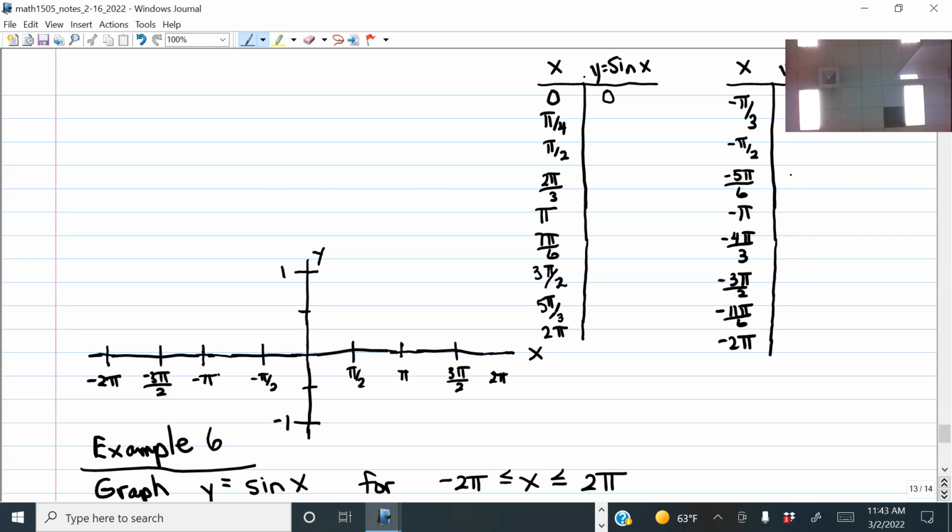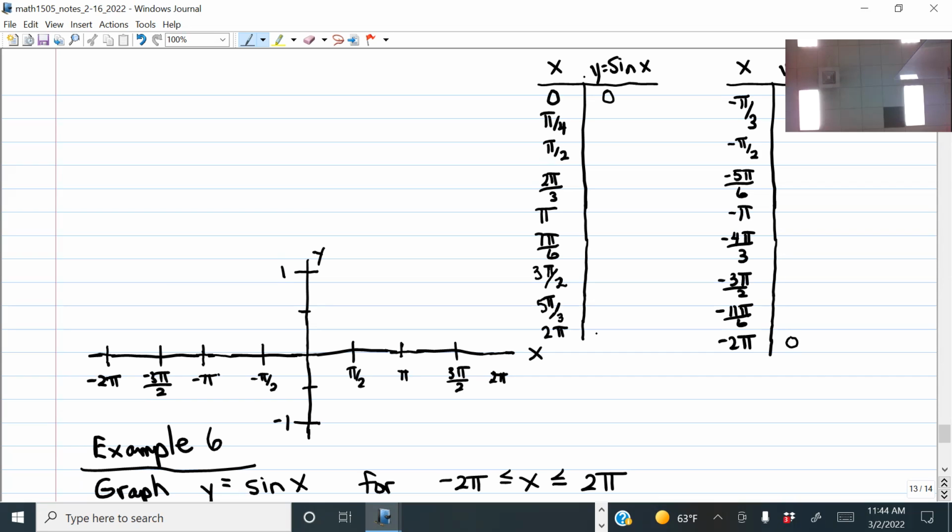It's fine to use your calculator. Make sure you're in radian mode. Now, these all we could calculate exactly, but you can use your calculator here. Just make sure you put the negative in front of your angles. Some of these I can fill in easily.